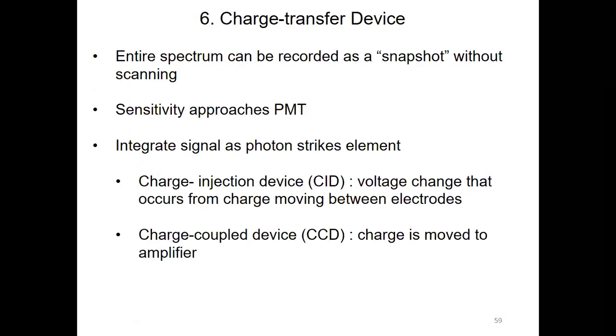The 6 types of photon transducers have been discussed so far, and there are some advantages and disadvantages of these different types of transducers. So you have to discuss those advantages and disadvantages when you write that report, okay?